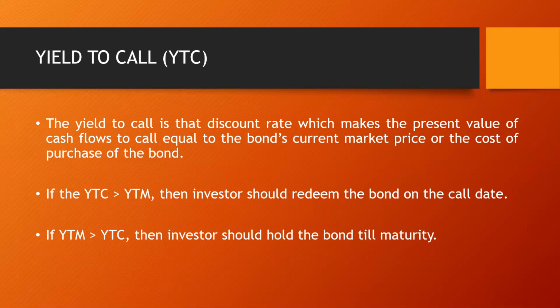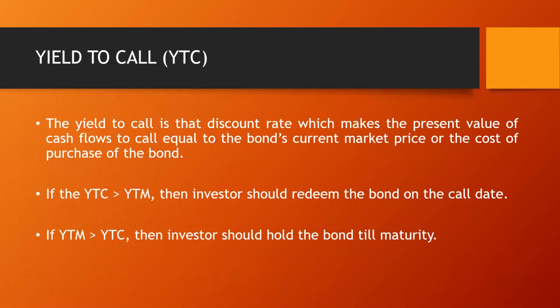Suppose I redeem the bond after 5 years, then I will get a rate of return of 15%. But when I redeem it after 10 years, at the end of the holding period, I'll get only 12%. In that case, I'm getting a higher rate of return when I'm redeeming it at an earlier date. So the investor will prefer to do so.